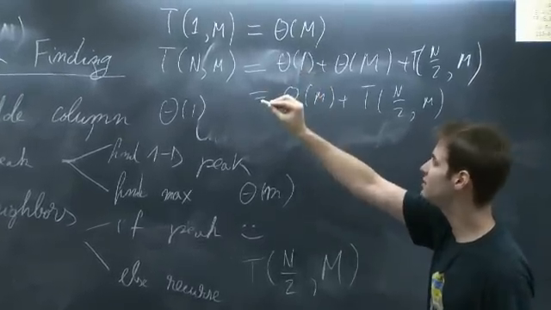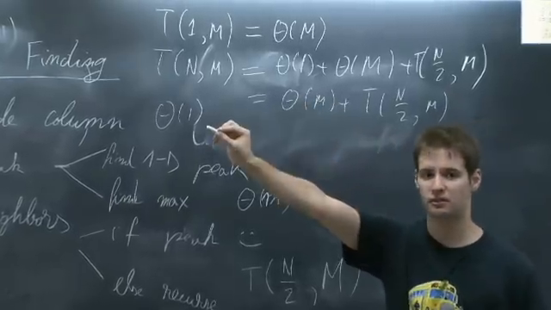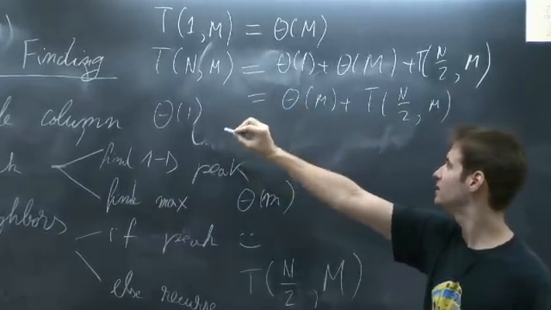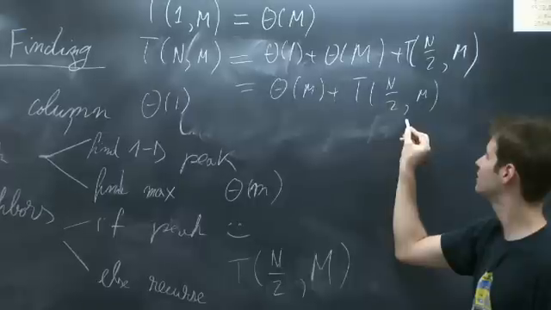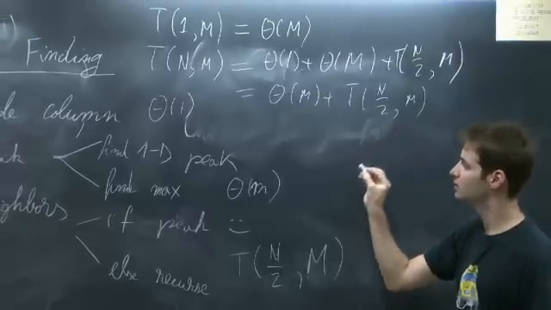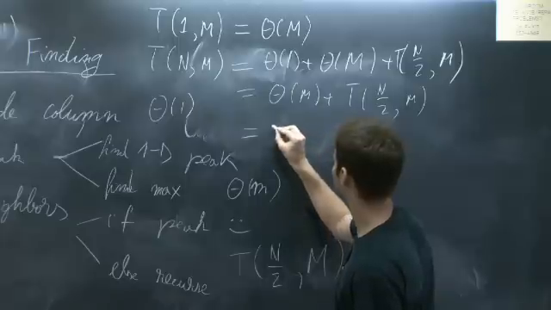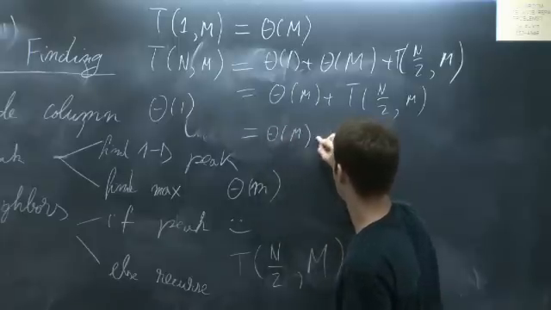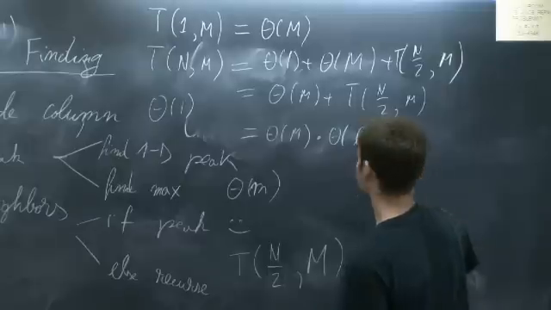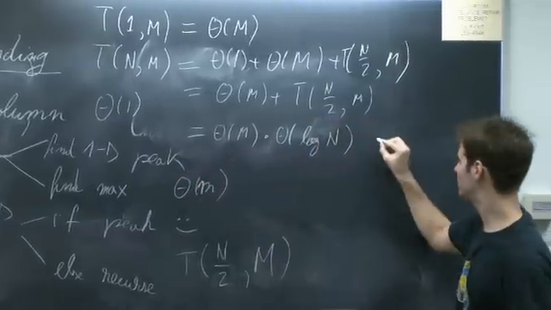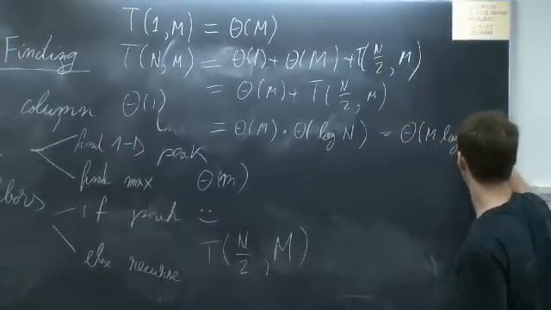So if m never changes and I pretend that it's a constant, this looks exactly like the recurrence that we solved before. T of n is a constant plus T of n over 2. So I'm going to get that constant multiplied by log n, which is the solution that I had before. So the running time is theta of m log n.